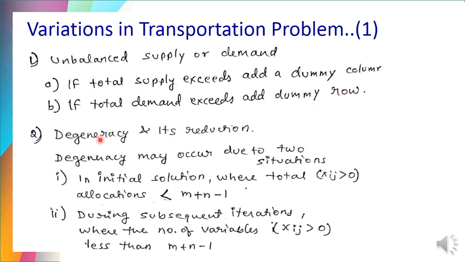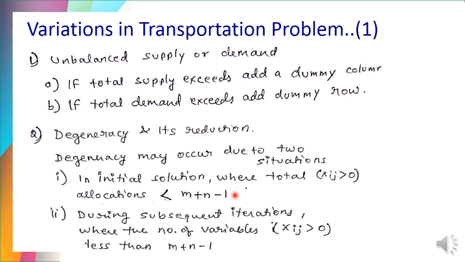Another possibility in the transportation problem is degeneracy. Degeneracy may occur in two different situations. Number one, the initial solution. In the initial solution, suppose the total number of allocations is less than m plus n minus 1, that is a degenerate solution.